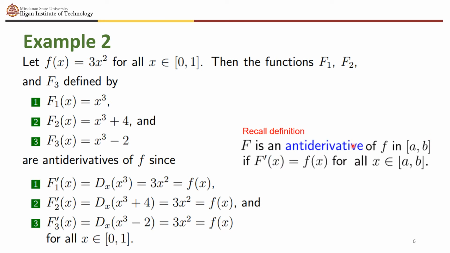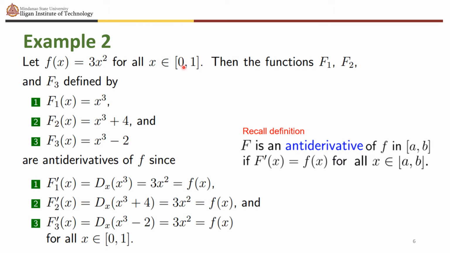Meaning to say, we made use of the definition, that is, F is an antiderivative of f in AB if F prime of x is equal to f of x. So that's what we did here, we took F prime of x equal to f of x, and we come up with the original function f of x for all x element of AB.